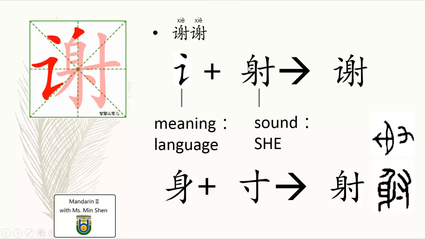The right hand side denotes the sound like 是, right? Because this is a character read as 是. So meaning there is a language, and when we say it, it sounds like 是. So it's the polite language. When we show gratitude, then it's 谢谢, thank you, right? 谢谢. So let's look at the character of 是.